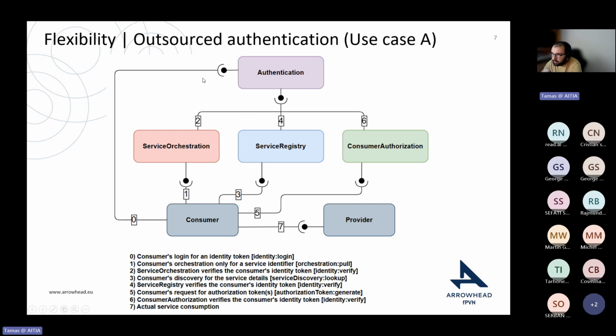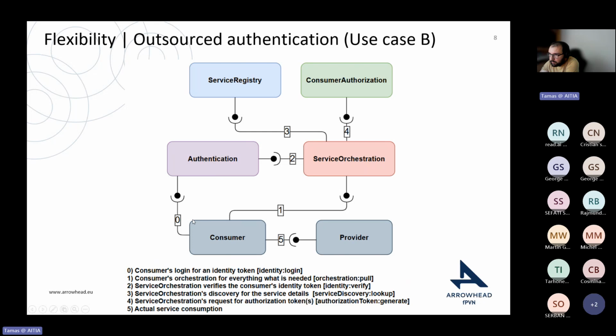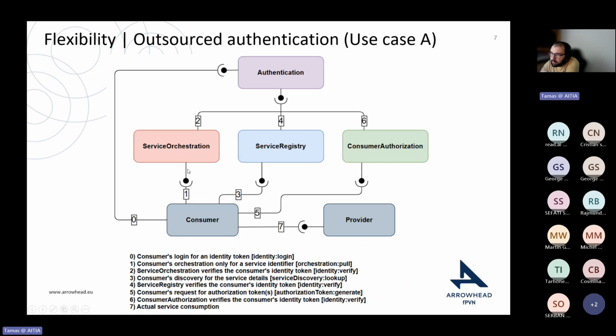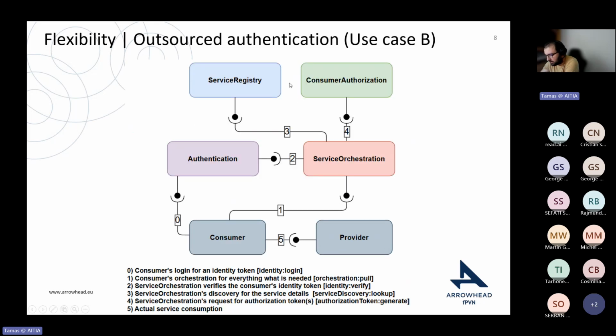It sends its credential to the authentication system and gets back an identity token. And every time your consumer turns to a core system, first to the orchestrator, the service orchestration core system, it should also send this identity token to the service orchestration system beside its orchestration request, and this token will be verified by the service orchestration core system with the authentication core system.